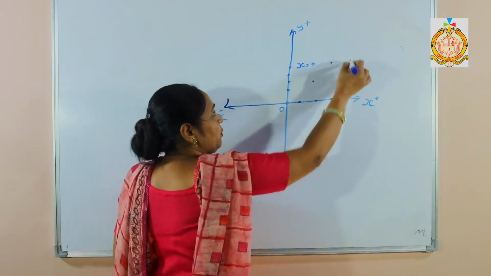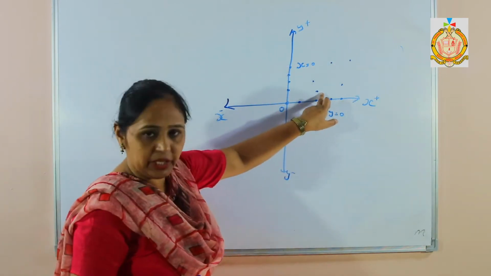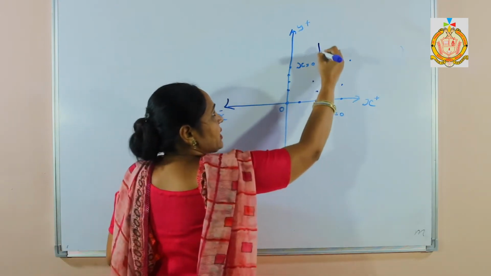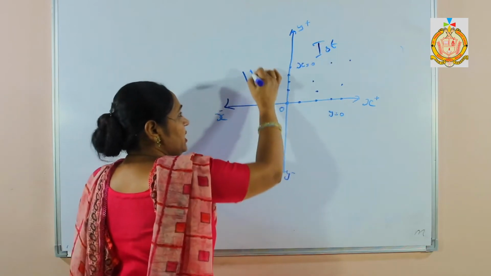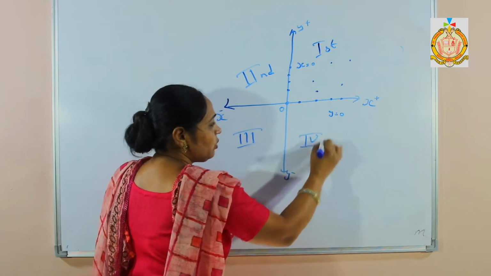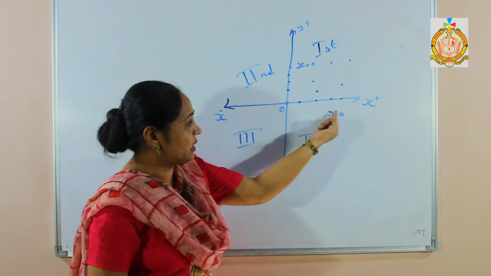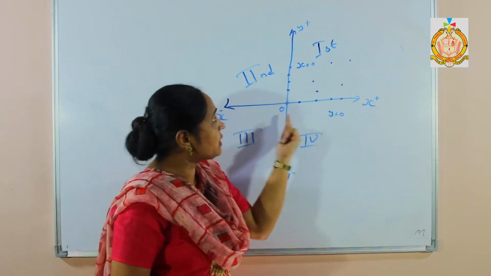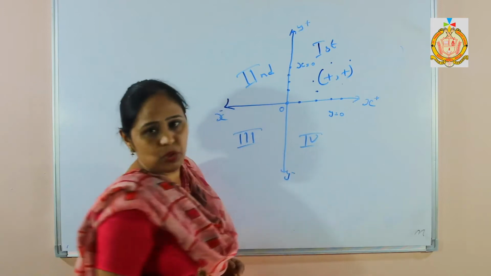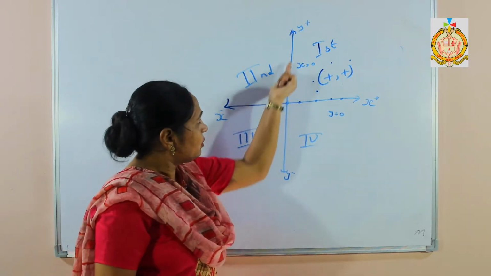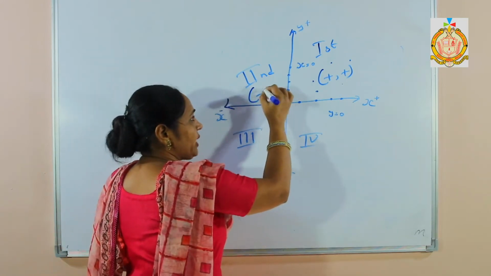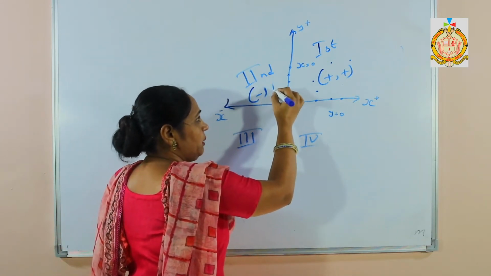If I take any other point here and there, it has some value of x and some value of y, and these are the coordinates. It is called first, second, third, and fourth. In the first, x is positive, y is positive. In the second, y is positive, but x becomes negative.